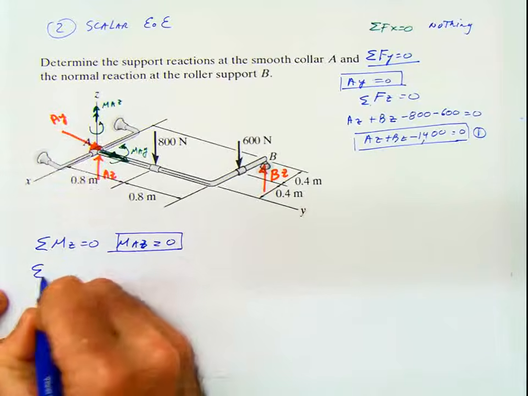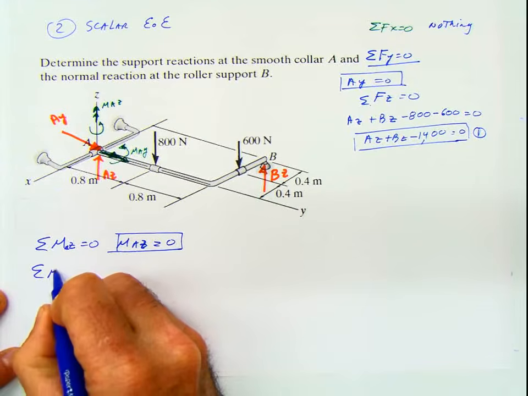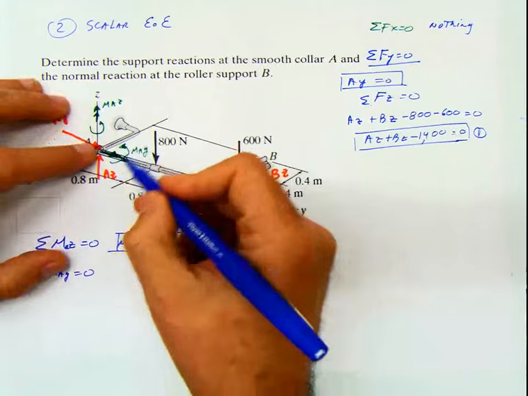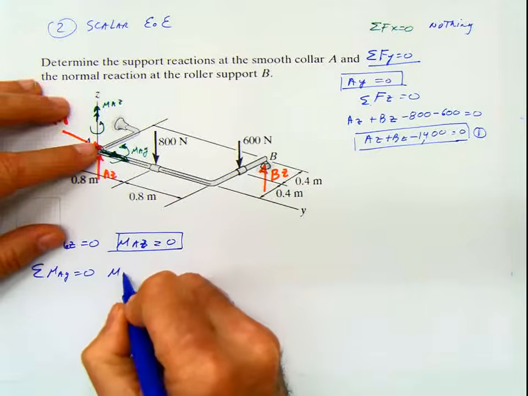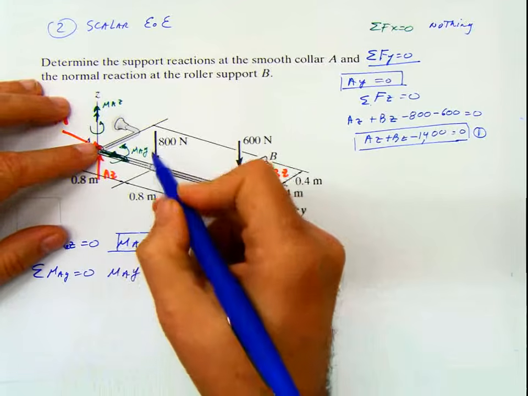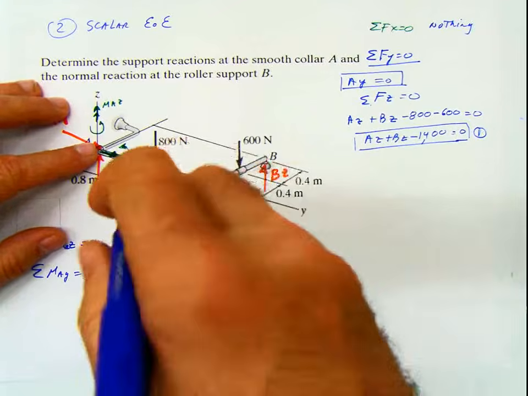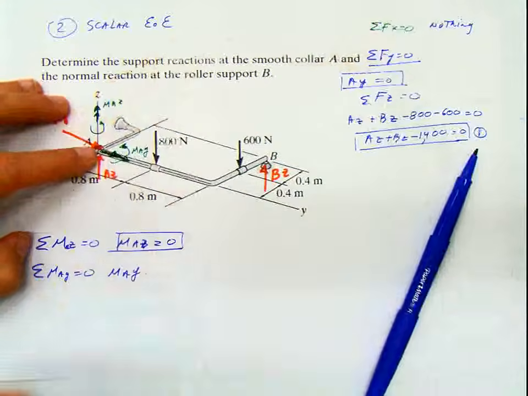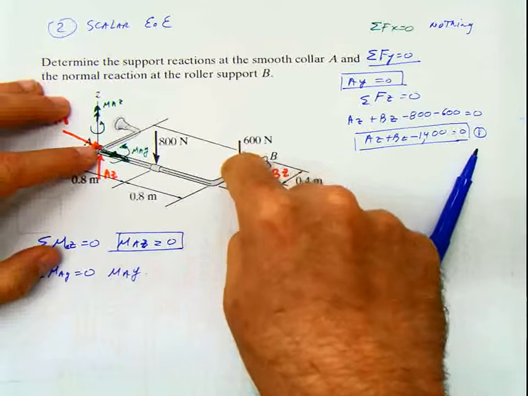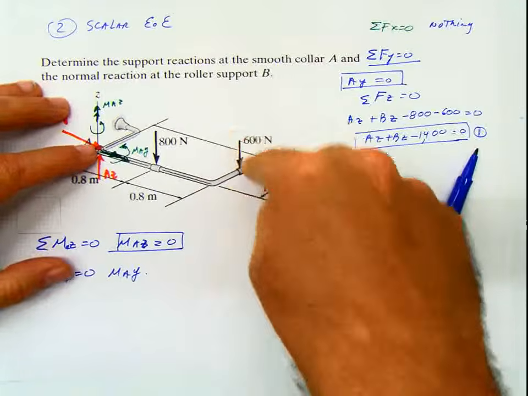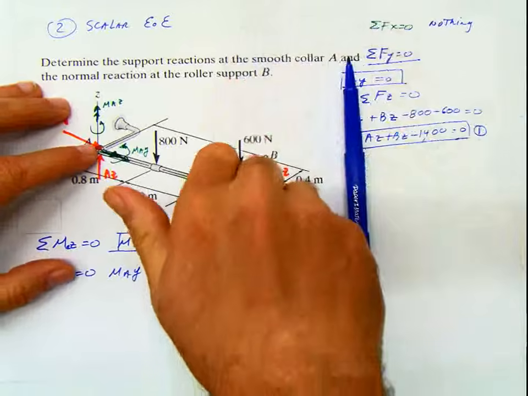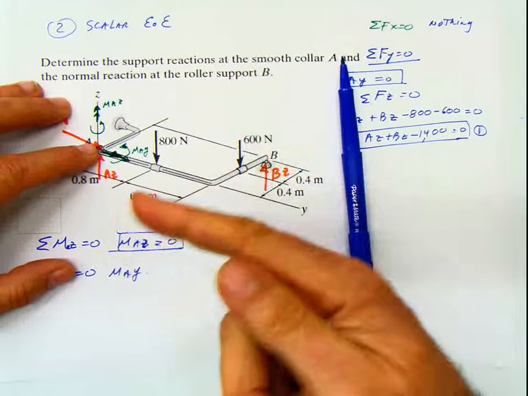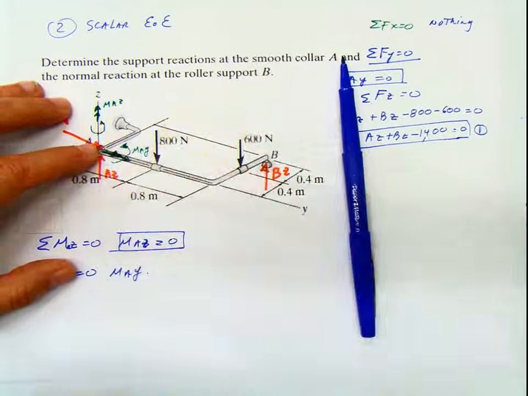Now summation of moments at A with respect to y has to be 0 also. Y is this one. So I have MAY. Now this force is producing a rotation, yes, but the rotation this force is producing is with respect to the x-axis, not y. If I apply the force here, it is causing a rotation like a corkscrew going in.